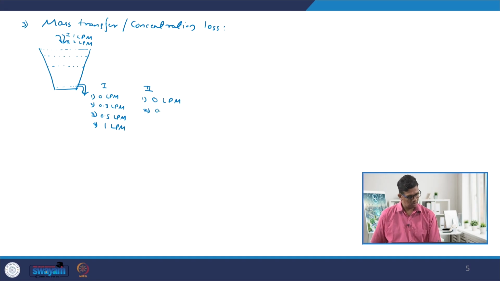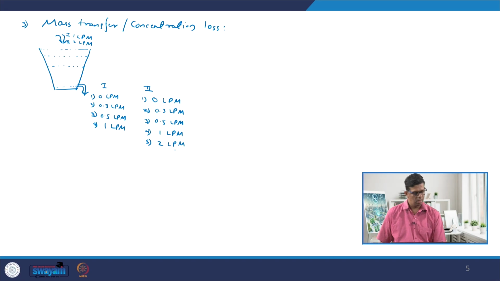When I draw a small quantity of water, the water level will decrease slightly, but it will still be almost completely full. As I draw more and more water, the water level will start decreasing, and if I draw almost the same quantity of water that I am supplying to the bucket, the water level will reach its bottom.